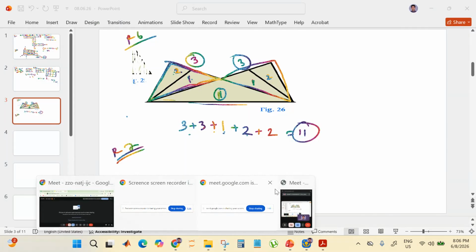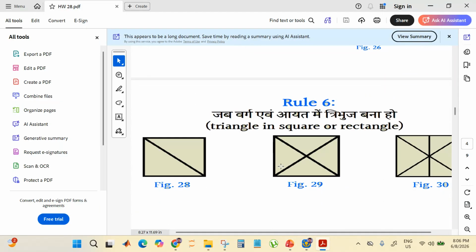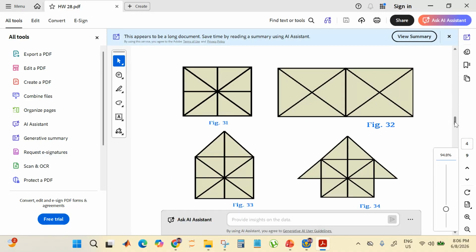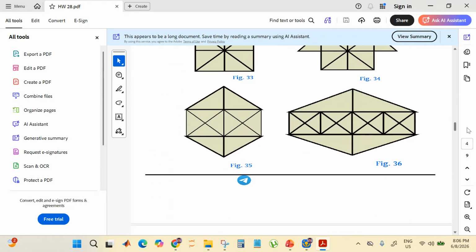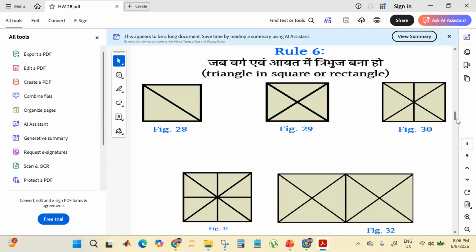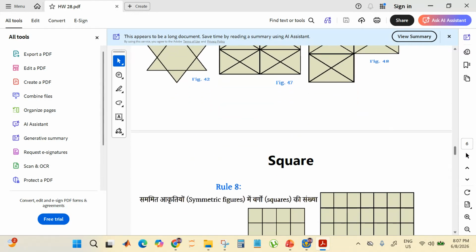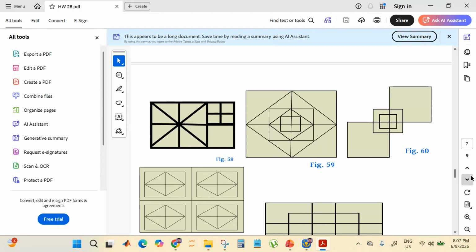Actually, the weather becomes very bad, and I think load shedding may occur at any time. So these things we have already done. This rule number 6 we have done. This also we have done. Square calculation we have done.